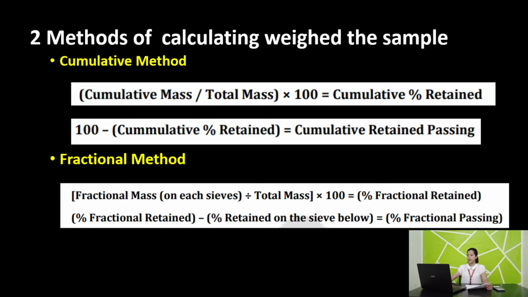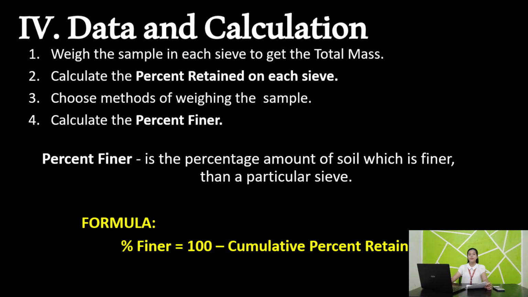Next, number 4. Calculate the percent finer. Percent finer is the percentage amount of the soil which is finer than a particular sieve. Its formula is 100 minus cumulative percent retained.